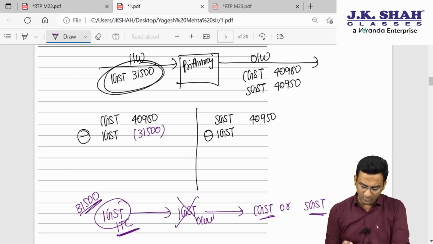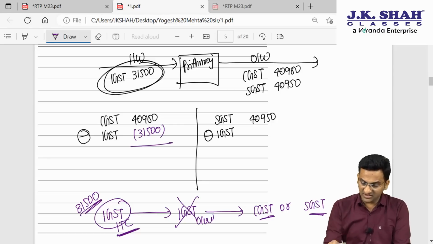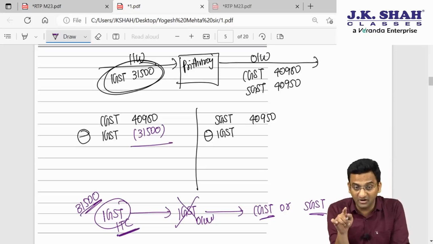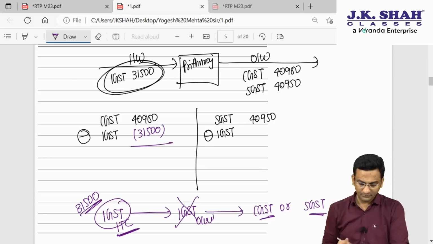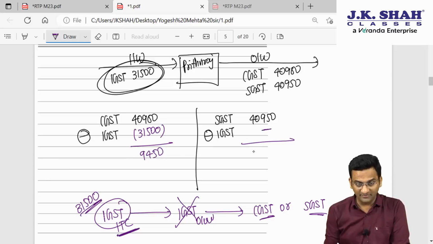So if you adjust it against the CGST first, then your CGST payable will be 40950 minus 31500. And at the end you have to add back the RCM tax. So friends, the answer will be 9450, and SGST no ITC will be available, 40950.